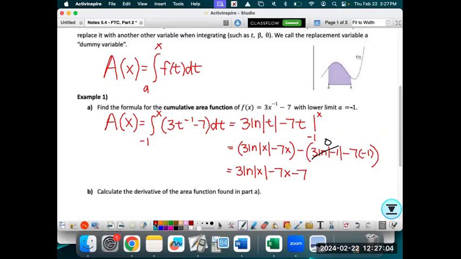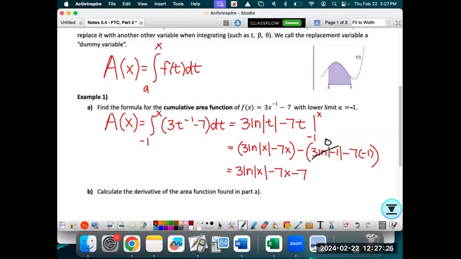Now, one thing we have to be careful of is when we notice that we have functions with domain restrictions, remember what the domain restrictions are going to be. So looking at my original function, and you could even just look at your antiderivative as well.